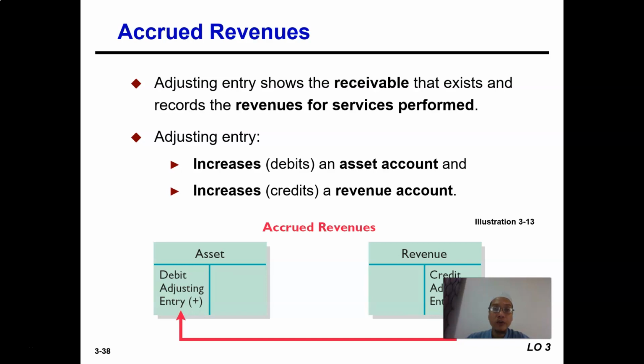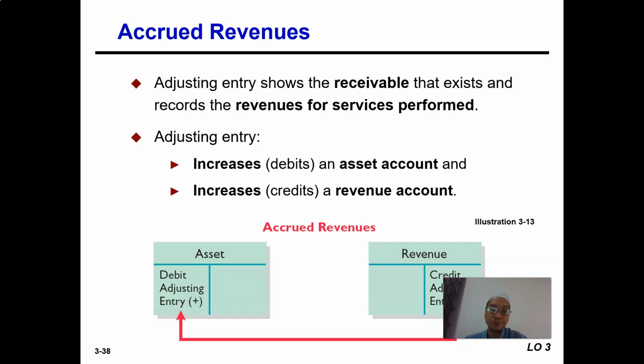When we have earned revenue, we should consider it an asset, because we are expecting to get benefit from what we have done. We should also record it as revenue because we have done the service.